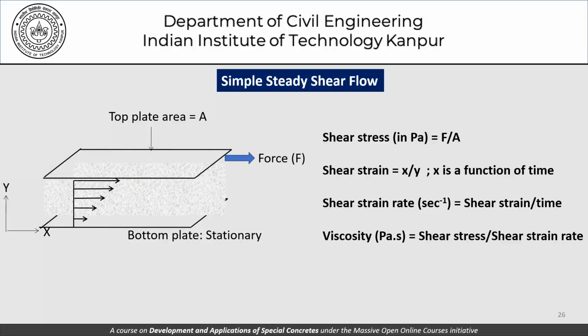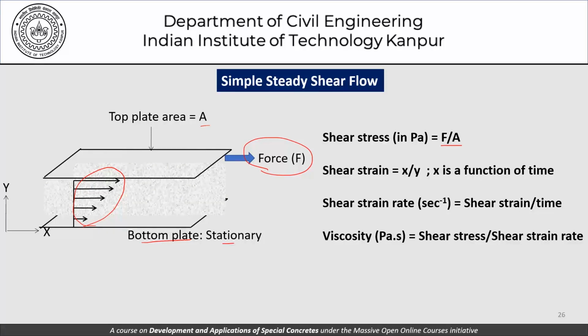If we look at a simple steady state shear flow between two parallel plates, we have a bottom plate which is stationary and a top plate with an area of A, and we apply a force F here. We get this to be the velocity profile that we have. The shear stress in pascals would be F by A, force divided by area over which it acts.